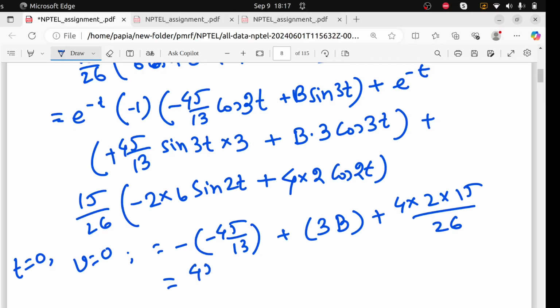So it will be 45 by 13 plus 60 by 13 plus 3b equals 0.